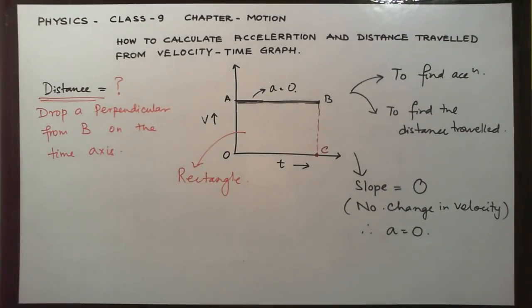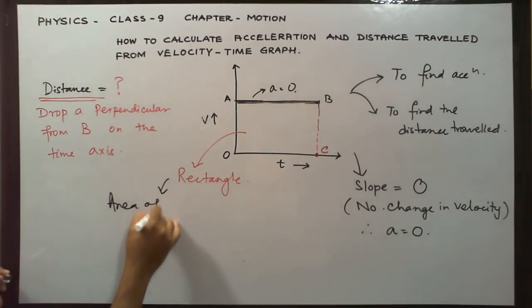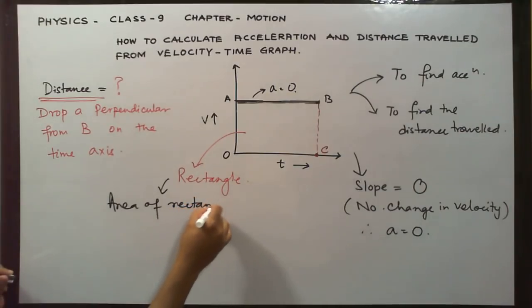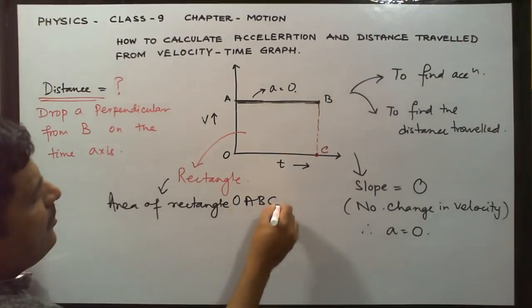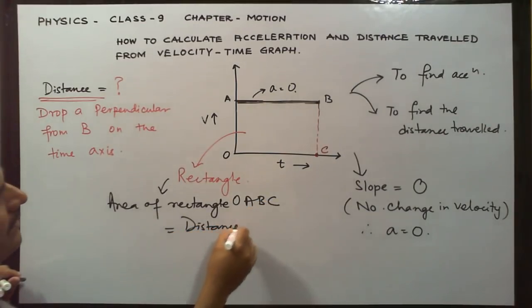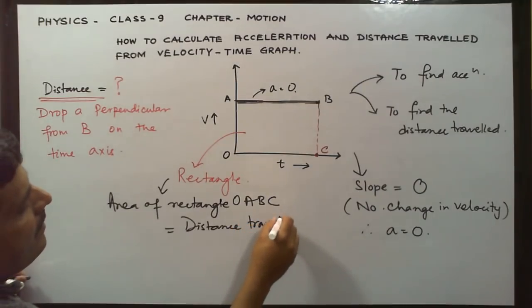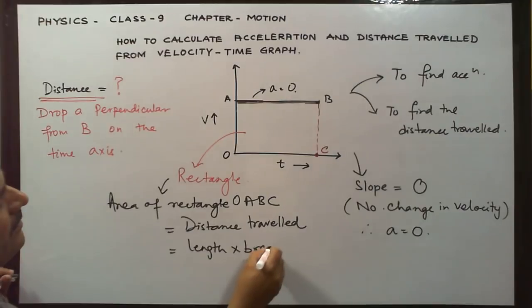So the area of this rectangle OABC would be equal to the distance traveled, and this would be equal to length multiplied by breadth.